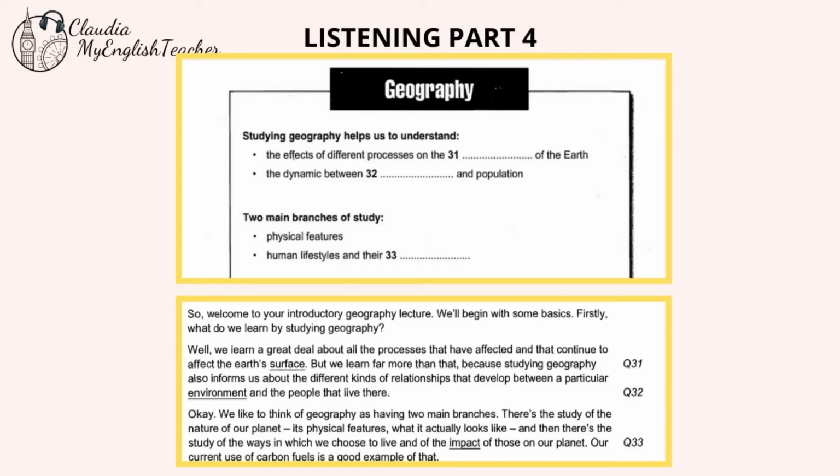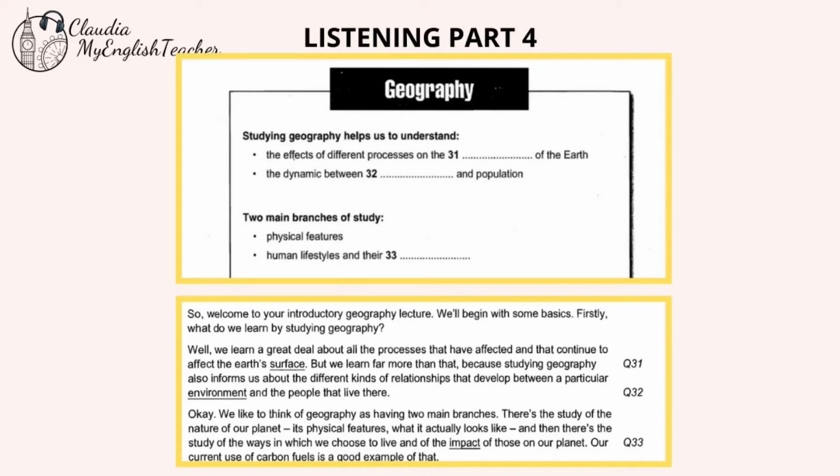The processes is there. Different is not there, but they're saying all the processes. And the effects is not there, but what they're using is the verb for effect. And they're using it twice, have affected and affect.